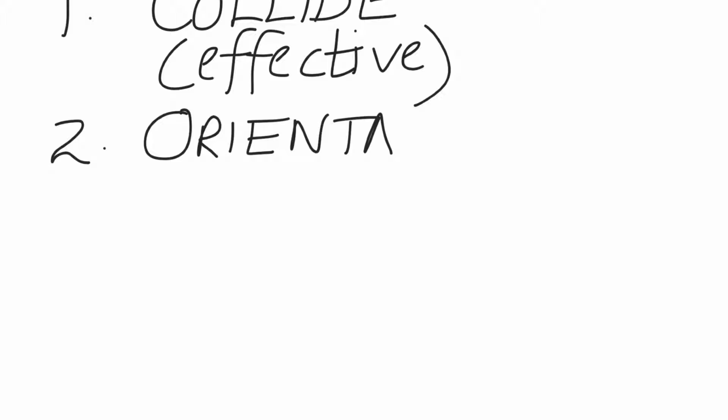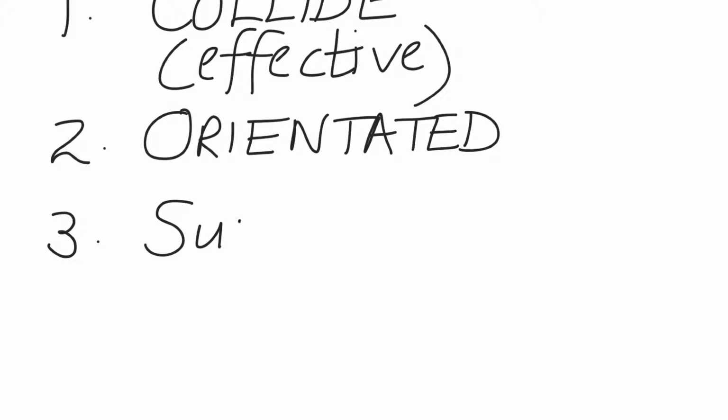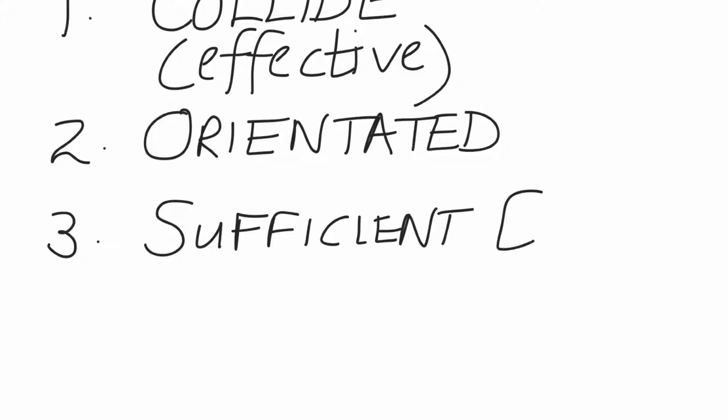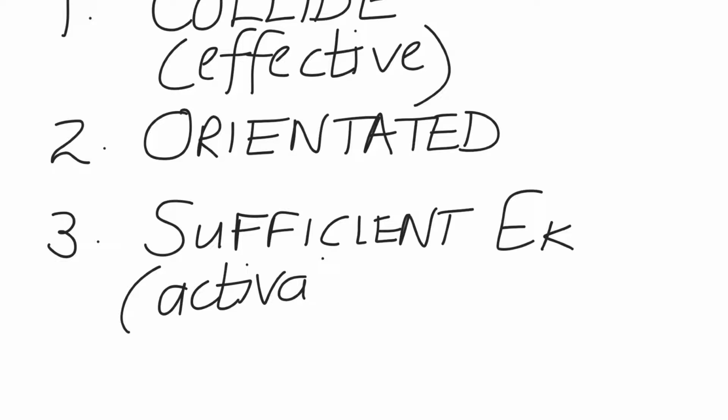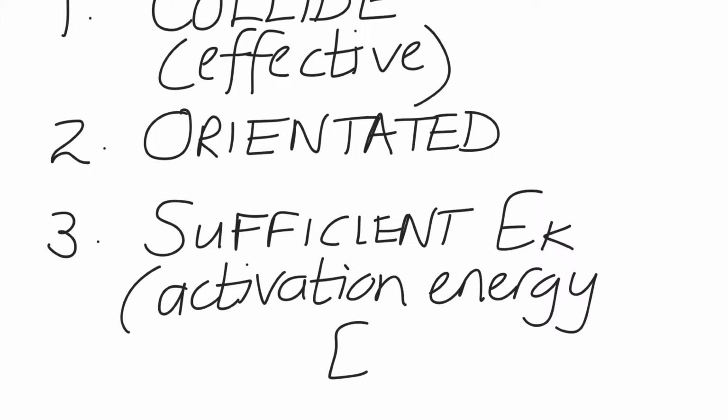In other words, they have to approach each other from the correct direction. And number 3, when they collide, they have to collide with sufficient kinetic energy for their valence orbitals to overlap. And this minimum threshold energy with which they must collide is known as activation energy, which can be abbreviated to EA.